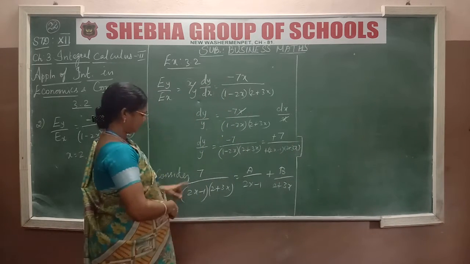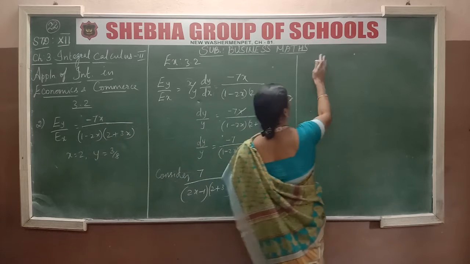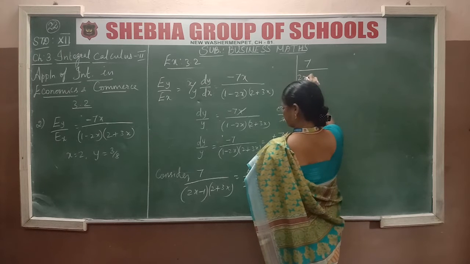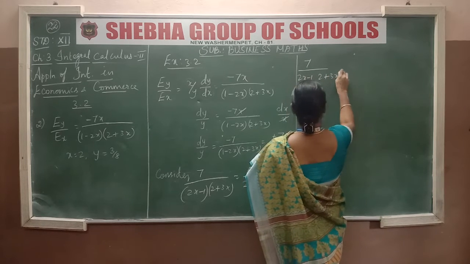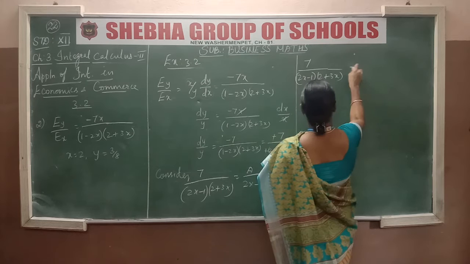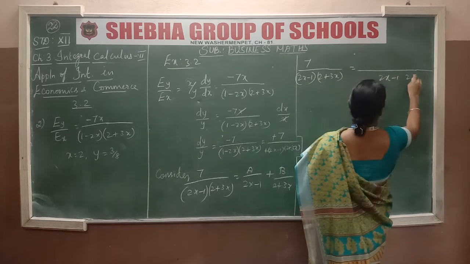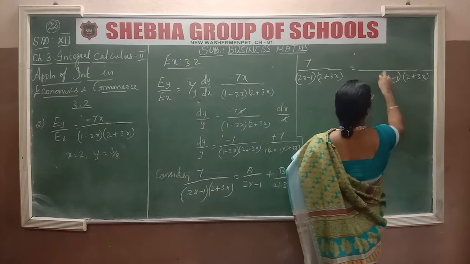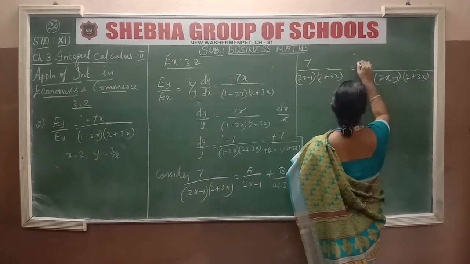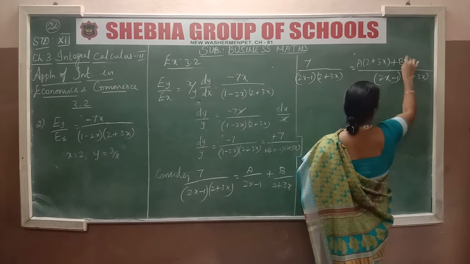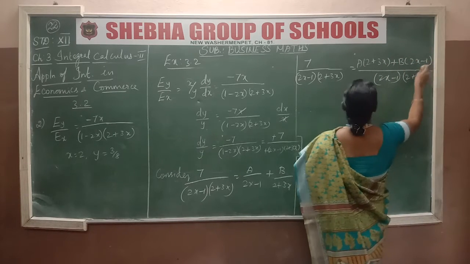Now equating the numerators, taking (2x minus 1)(2 plus 3x) as the LCM and cross multiplying, we get a into (2 plus 3x) plus b into (2x minus 1).